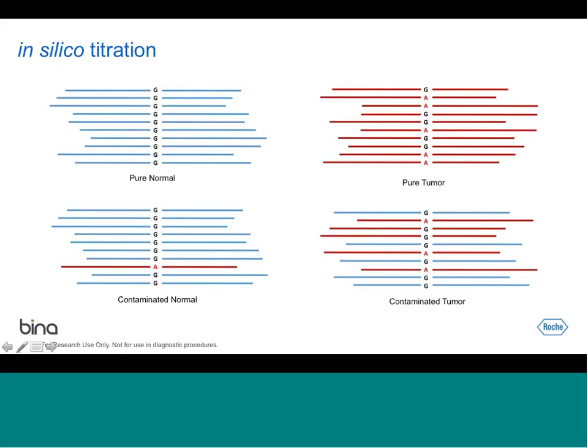When they have different genome types between them, it is sort of a virtual somatic mutation, and we also cross-contaminate between each other to generate a normal that's contaminated with tumor and a tumor that's contaminated with normal to have more realistic data types.